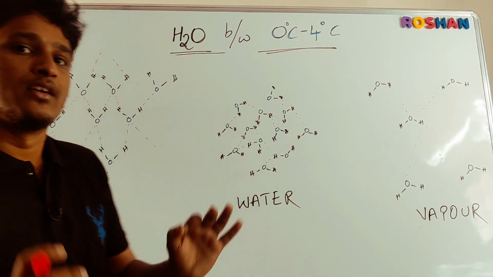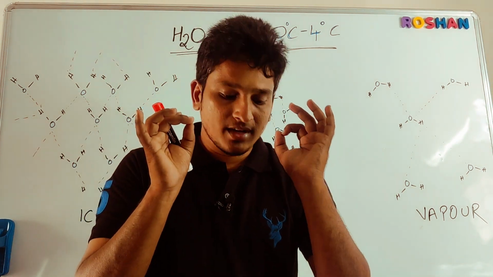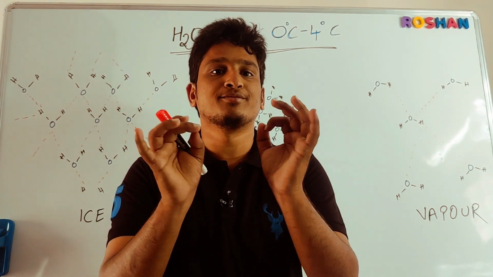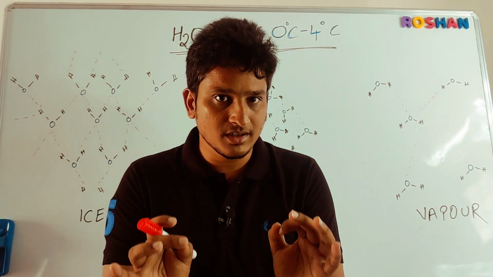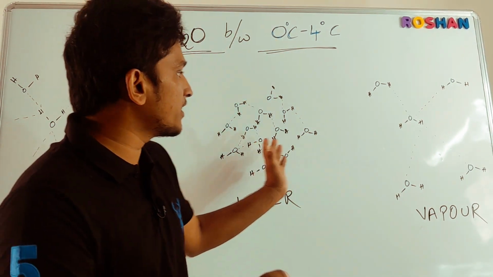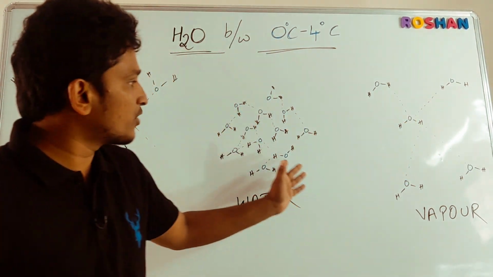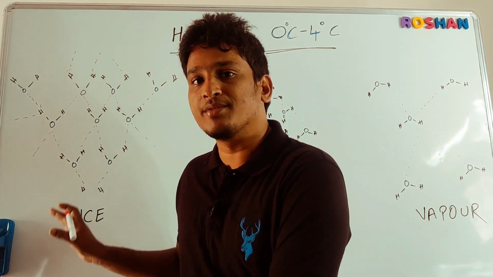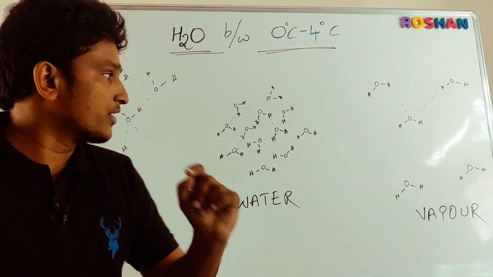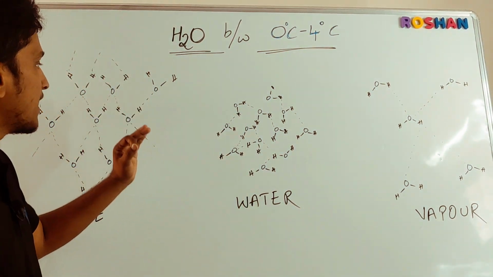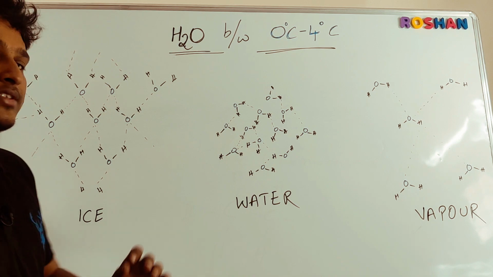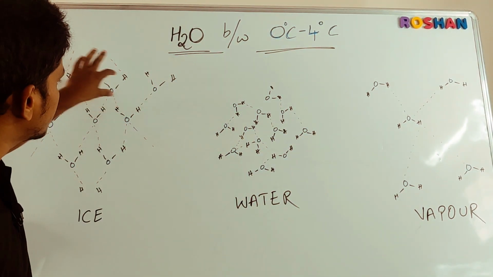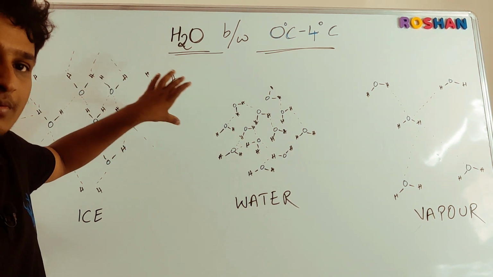The reason is that when you reduce the temperature, the H2O molecules develop a special type of bonding called hydrogen bonding. That doesn't mean hydrogen bonding is absent in these two states. Hydrogen bonding is there, but what is really happening here is there is very little energy, and they develop much stronger hydrogen bonding. Because of this strong hydrogen bonding, these H2O molecules form a separate alignment that gives a lot of empty spaces between the water molecules.